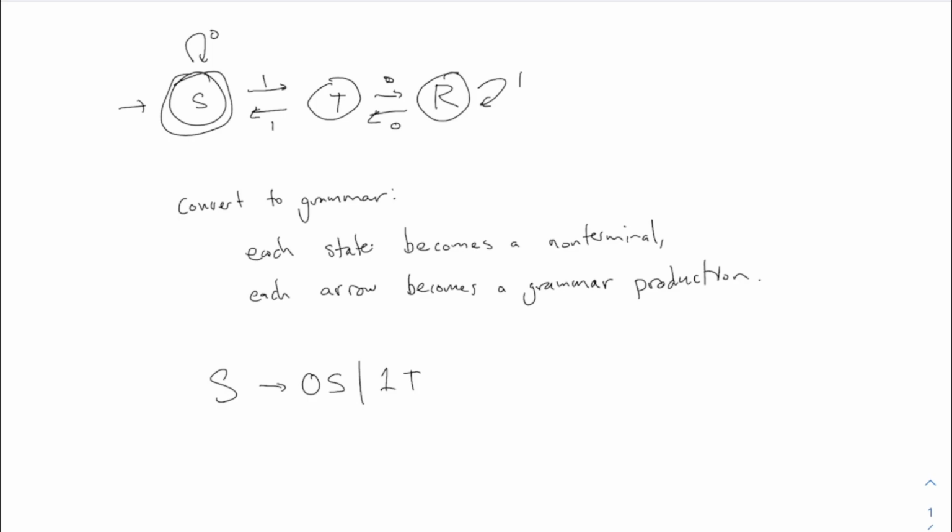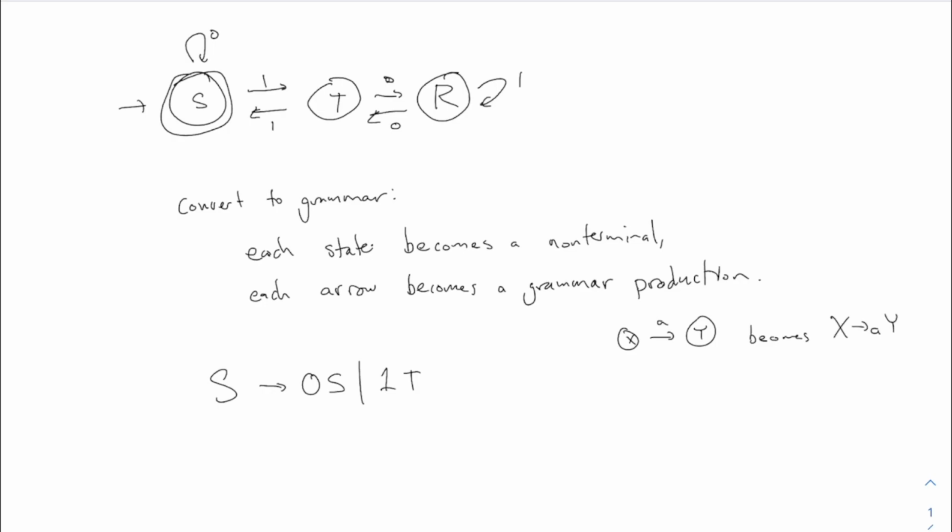So each arrow translates directly as a grammar production. Generally speaking, if I have an arrow on the NFA like that, this becomes the grammar production X goes to AY.